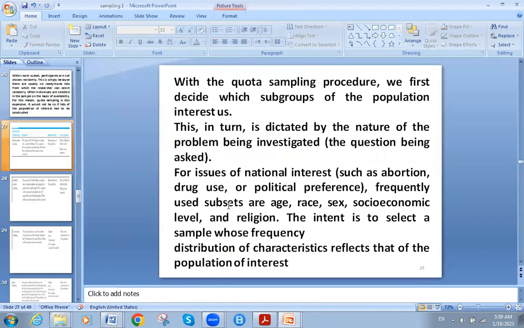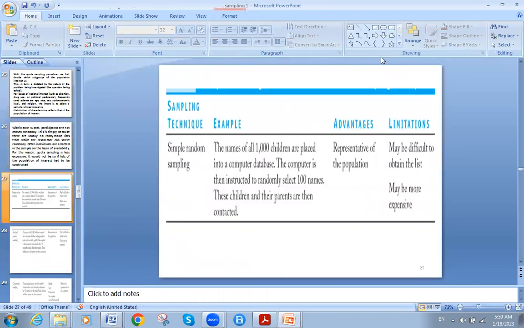We talk about today about 4 types of sampling. The first one is the simple random sampling or random sampling. We will choose as example, the population is 1,100 children. We put them in a database. The computer is then instructed to randomly select 100 names.